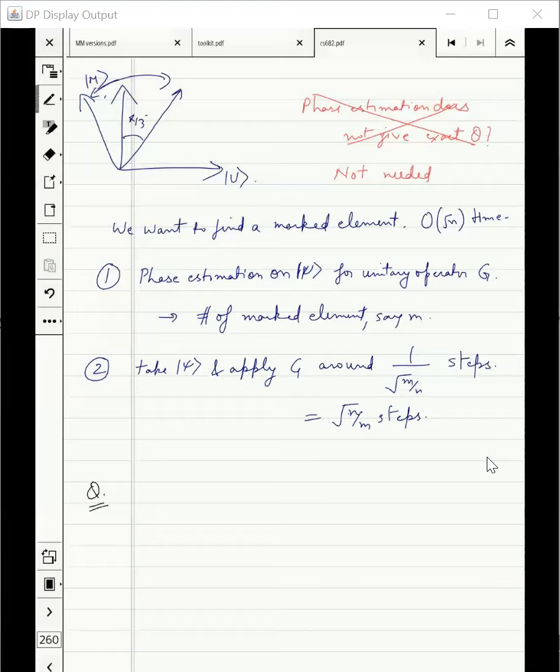And in phase estimation, we have queried the oracle. The question is, what is the query complexity of the first step? Even that we have to figure out, right? If to find the number of marked elements I'm taking n queries, then there is no speed up from the classical case, right?